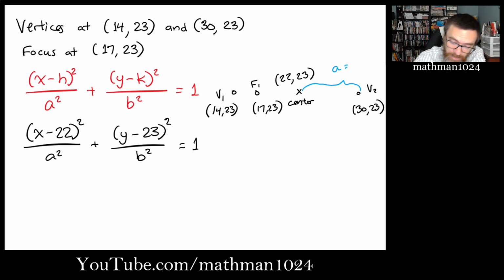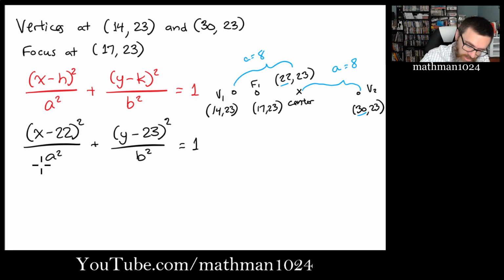I'm looking at the wrong number. So from 22 to 30, the value is 8. The reason I caught myself is because it should be the same distance if I go from the other vertex to the center. So from 14 to 22, that value is also 8. That's what it should be. So my a value is 8.